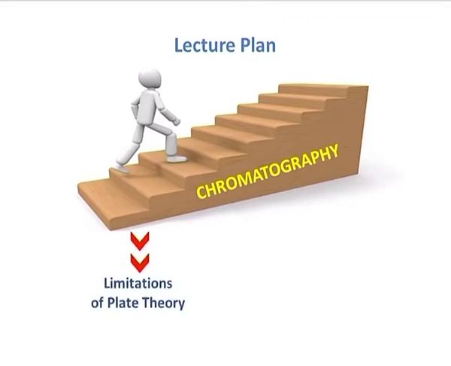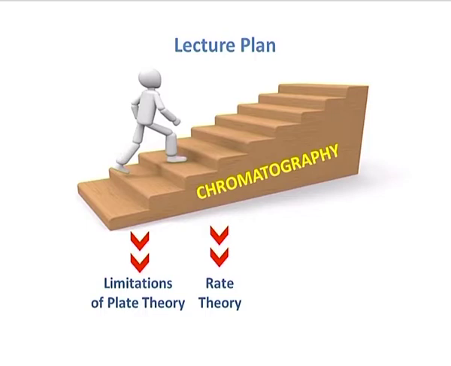In today's lecture, we will discuss the limitations of plate theory. As you could recall, we did plate theory exhaustively in the previous lecture, and we will now discuss rate theory in this lecture.